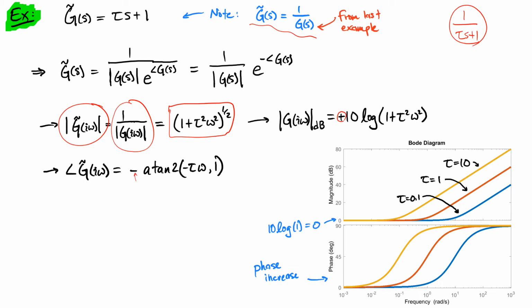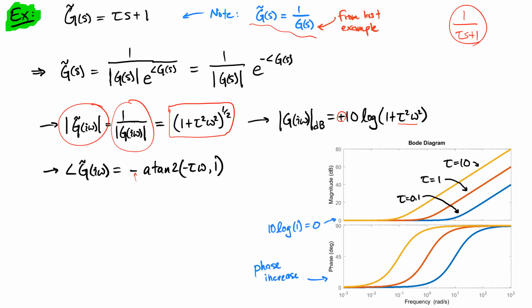So if we were to sketch these out, again, we would sketch at low values of omega and large values of omega. At low values of omega, this second term is not important, and so essentially you get 0.